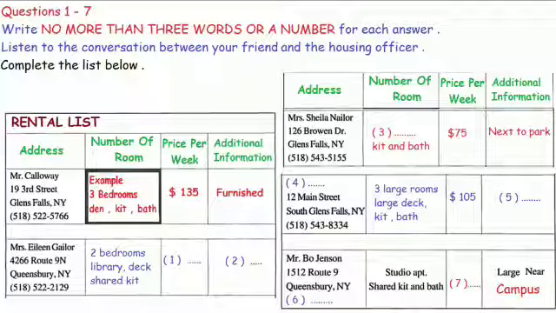Hi, we've been looking over your listing of apartments for rent, and we have a few questions about a couple of the apartments. Can you help us? Sure. Yeah, this is our most recent listing. What would you like to know? Well, we were first wondering about the house on 3rd Street. We can see that it is furnished and rents for $135 a week, but can you tell us how many bedrooms it has? Let's see. In addition to the den, it has 3 bedrooms. What about the one on Route 9N?